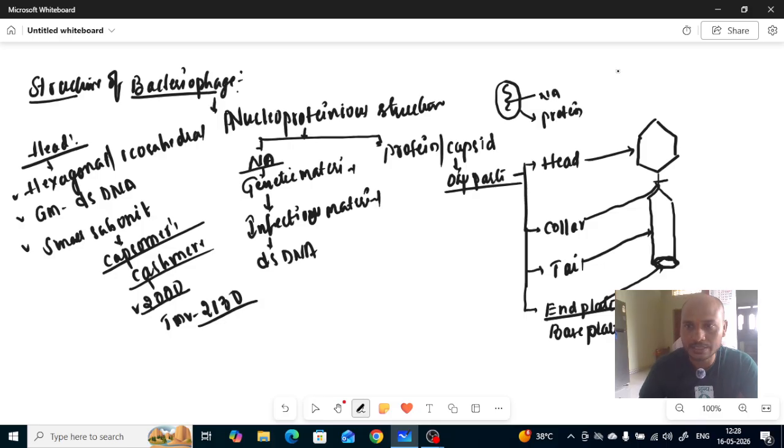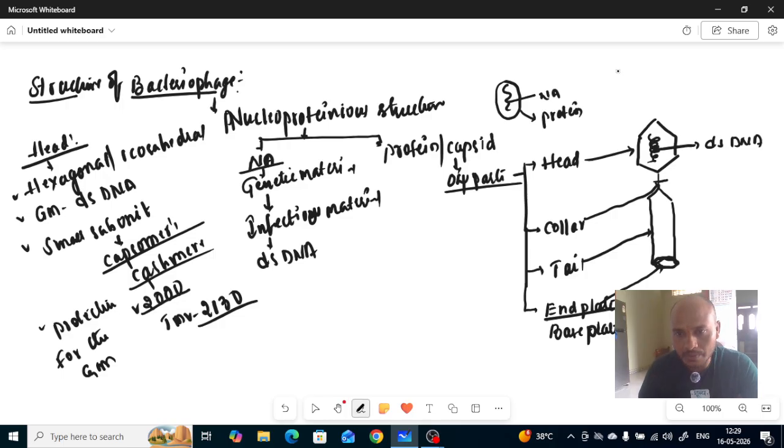So this is all about the head part. Here we have double-stranded DNA as genetic material, and the head part's role is to protect the genetic material. The capsomers help in protecting the genetic material.